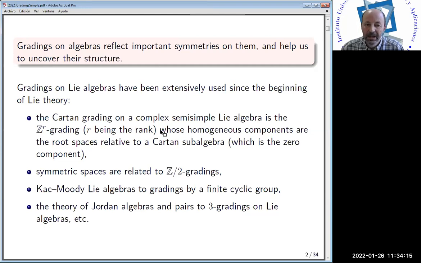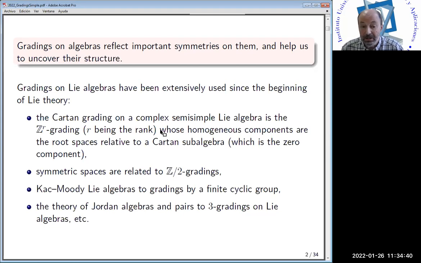And also, when dealing with Jordan algebras, attached to any Jordan algebra there is the famous Tits-Kantor-Koecher construction that gives you a Lie algebra graded by the integers with only three non-zero homogeneous components, the 0, 1, and -1 parts of the grading. We can extend this to more general Jordan systems like Jordan triple systems or Jordan pairs, and still keep these 3-gradings on Lie algebras.